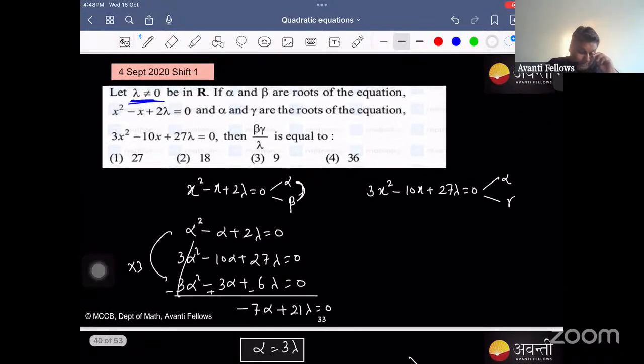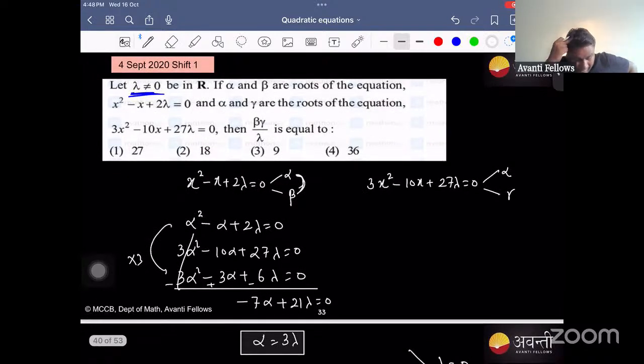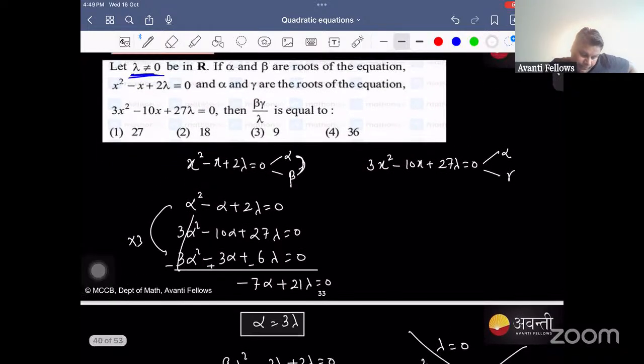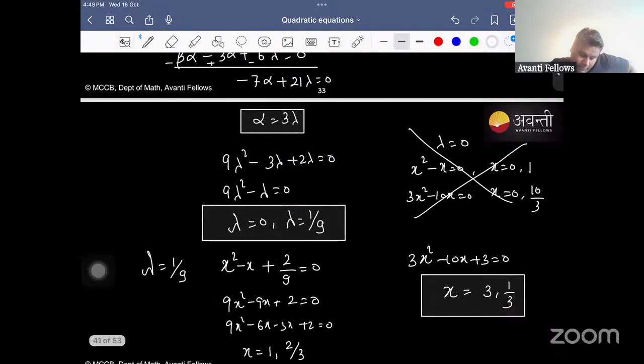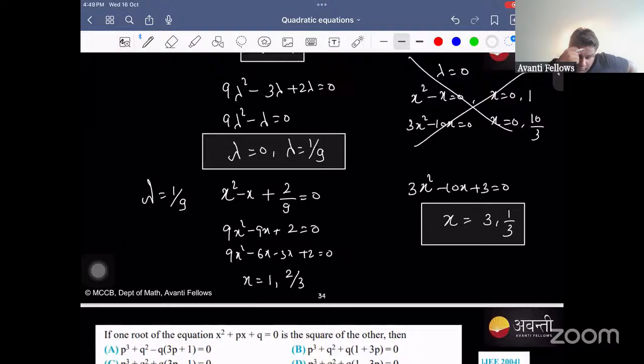Alpha beta and alpha gamma: one root should be common in both the equations. Alpha came 1 by 9. So 9x square minus 9x plus 2, the roots are 1 by 3 and 2 by 3.